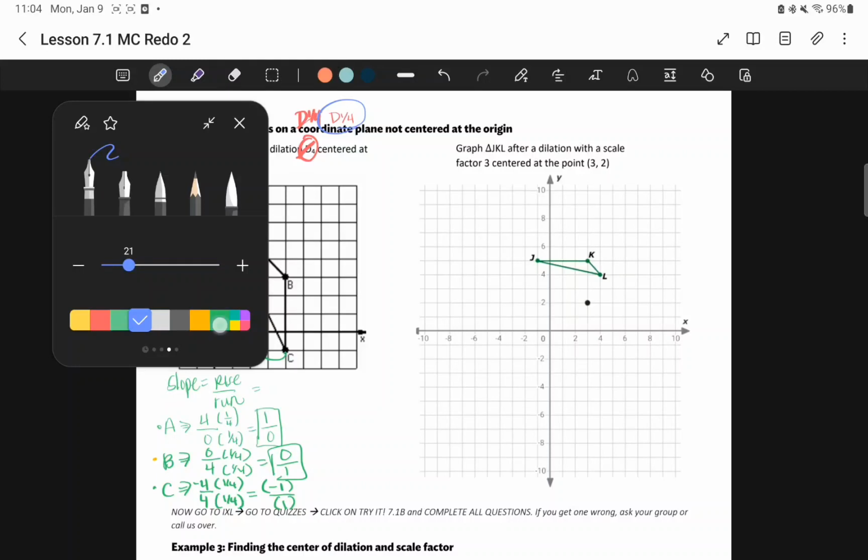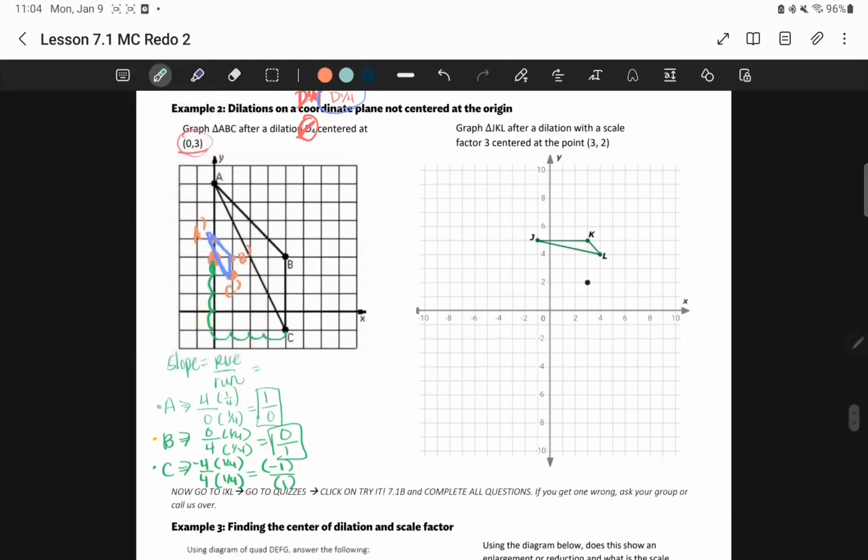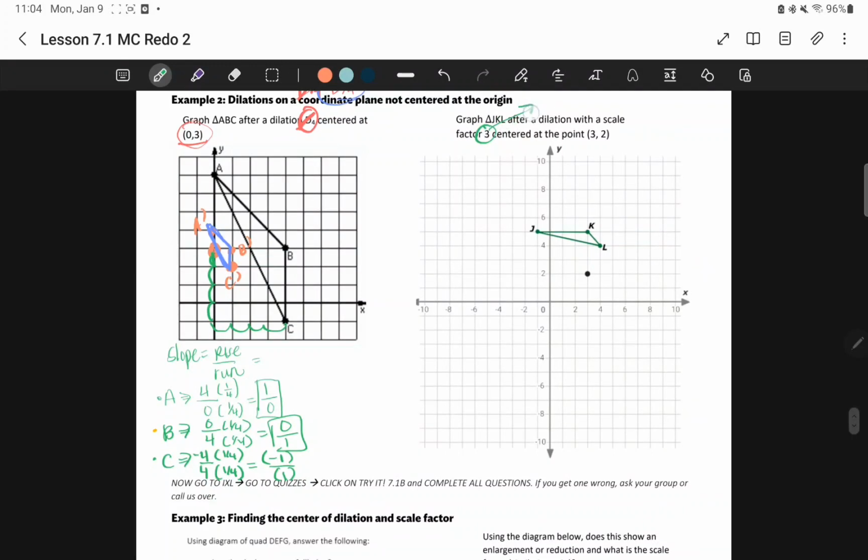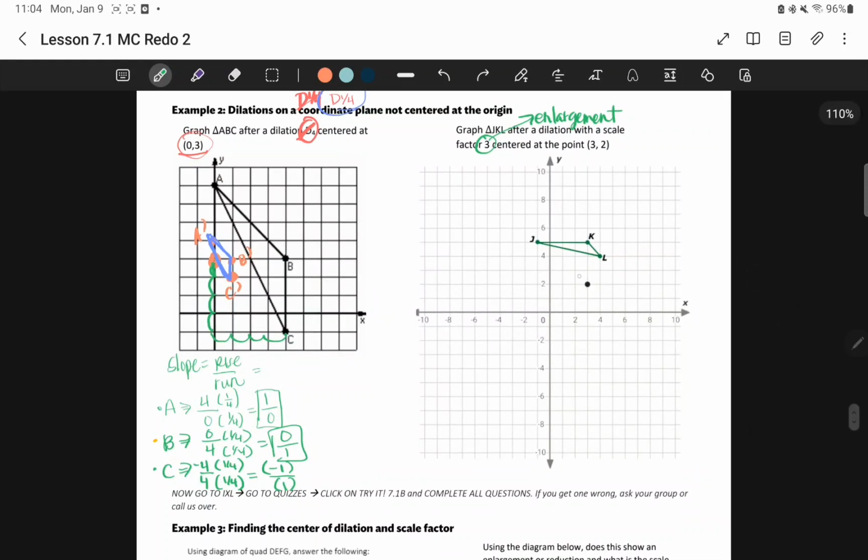It says graph JKL with a dilation scale factor 3. So we already know that this is an enlargement, centered at 3, 2. They already marked the center for us. It's right there. Let's start with J. To get from the center to J, do rise over run: 1, 2, 3 over 1, 2, 3, 4.